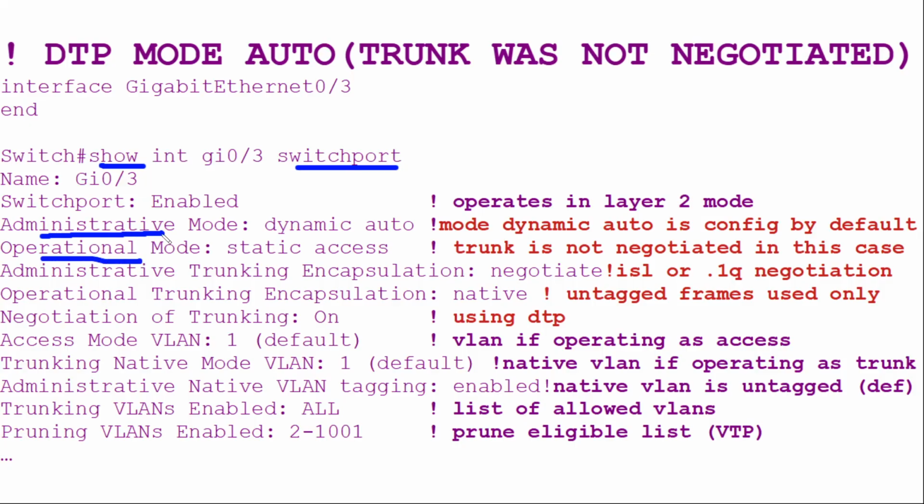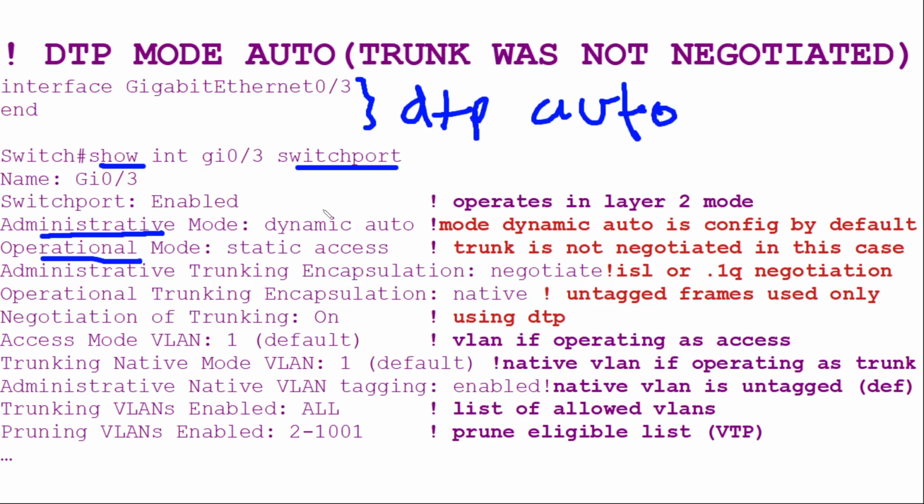The output of this command will usually use the words administrative mode and operational mode. Administrative mode refers to how you configure your ports, and the word operational refers to how your port is actually working in real life. So for instance, we have this configuration which is empty. If the configuration is empty, it means that by default it is using DTP in auto mode.